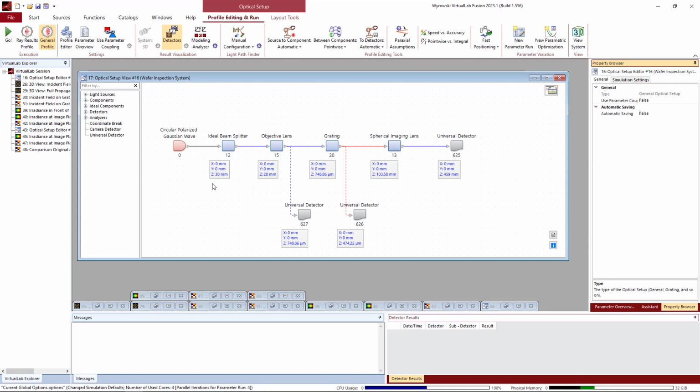So let's minimize that. And one of the important aspects of virtual lightfusion is that it consistently models the light as an electromagnetic field, as a vectorial field with 6 components, 3 electric and 3 magnetic components. And we do that consistently from the source onwards.